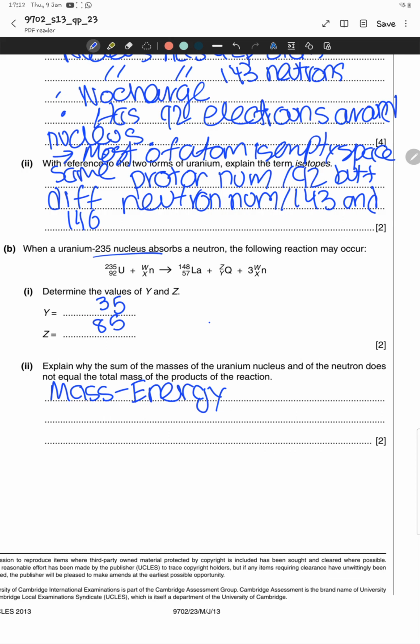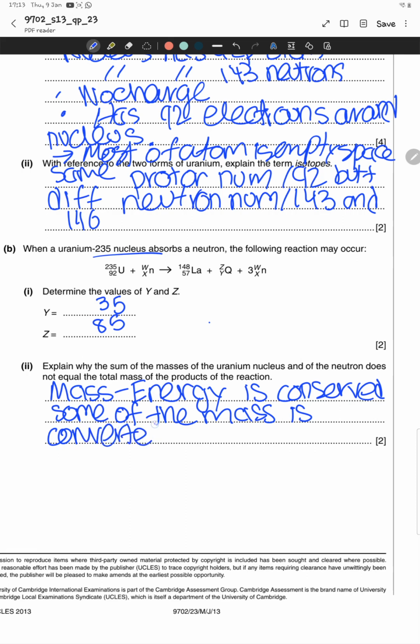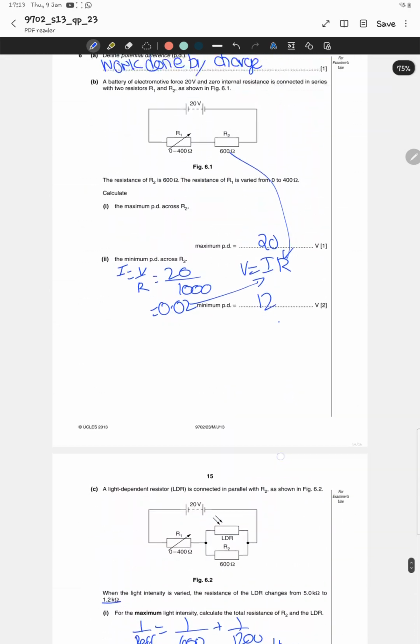So you say the total amount of mass and energy is conserved in the reaction, and that's because some of the mass is converted to energy, and energy is released. So yeah, that's the paper.